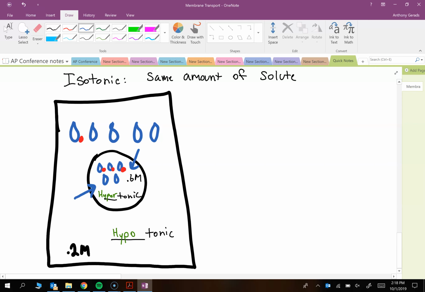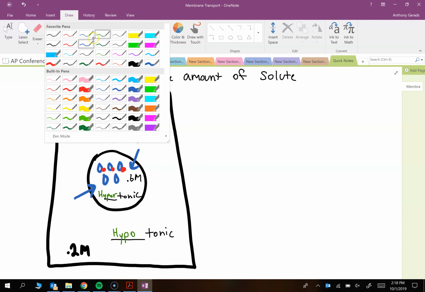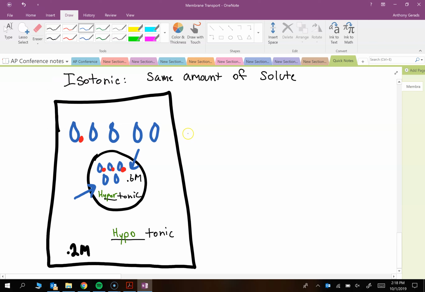Cool. Now I want you to try and figure out the rule that you're going to come up with. So the rule, let's say, is water always moves from blank to blank.